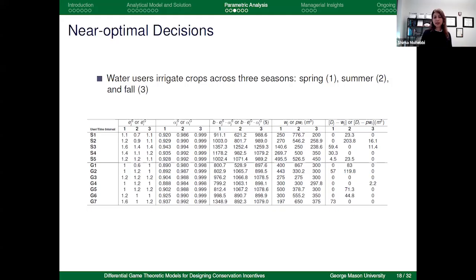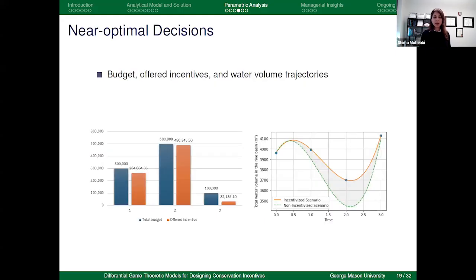Now, the varying budgets for incentives across different time intervals or seasons allow us to observe their impact on incentives offered and the water users' decisions. And here, the figure on the left shows the available budget for each season and the offered incentive by the NGO.